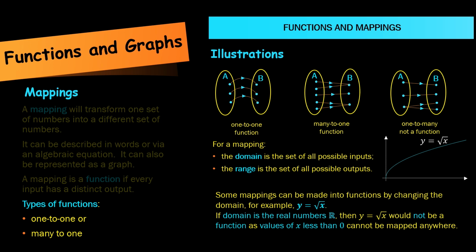If the domain is the real numbers R, then y equals root x would not be a function, as values of x less than 0 cannot be mapped anywhere. So, for example, square root of minus 4 in the real plane does not go anywhere.